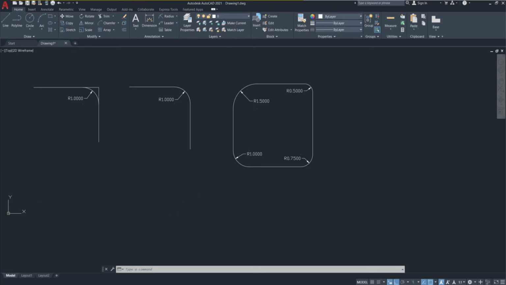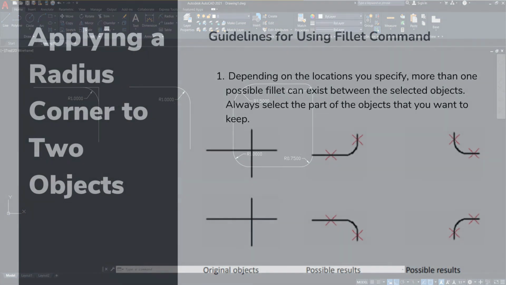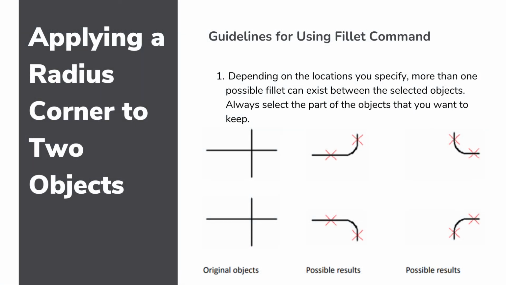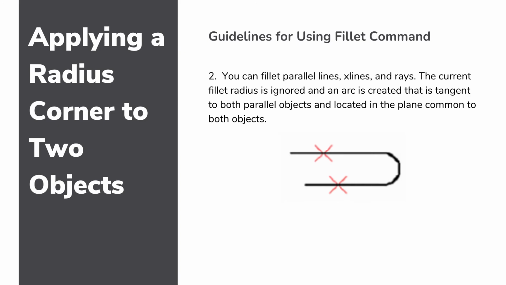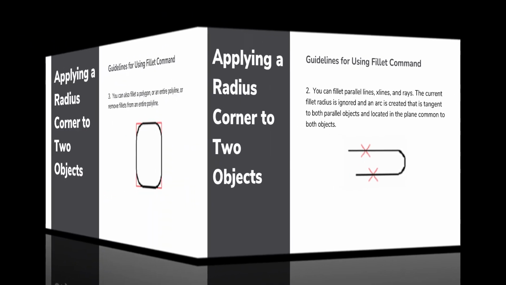Okay, so as a summary, here are the guidelines for using the fillet command. So first, depending on the locations you specify, more than one possible fillet can exist between the selected objects. Always select the part of the objects that you want to keep. So next, you can fillet parallel lines, X lines, and rays. The current fillet radius is ignored and an arc is created that is tangent to both parallel objects and located in the plane common to both objects.